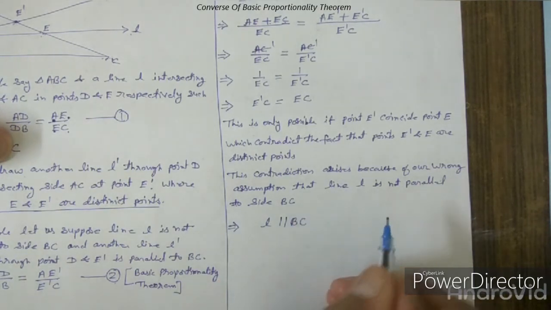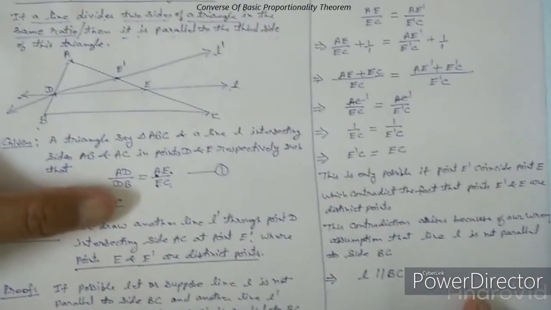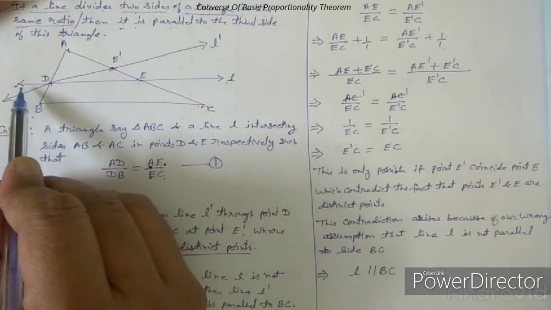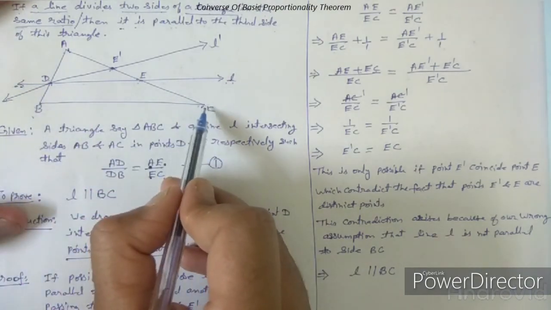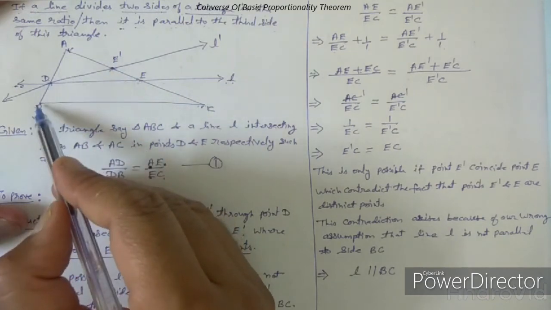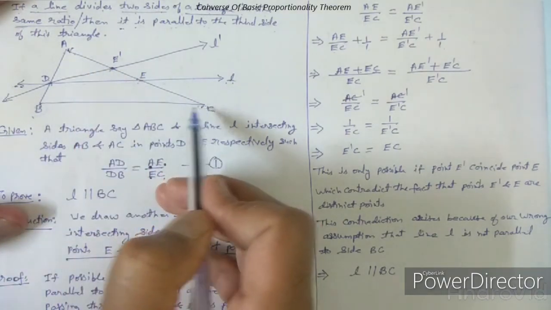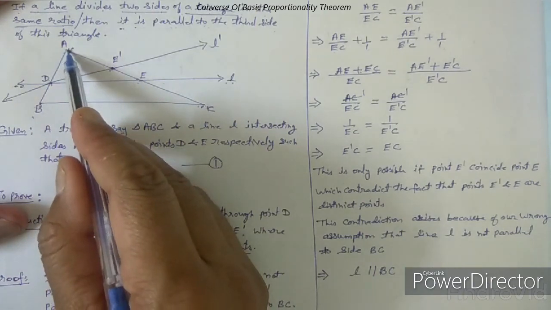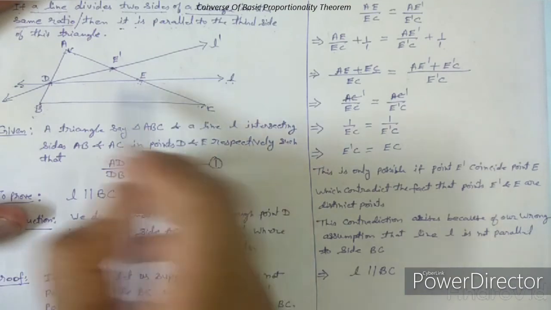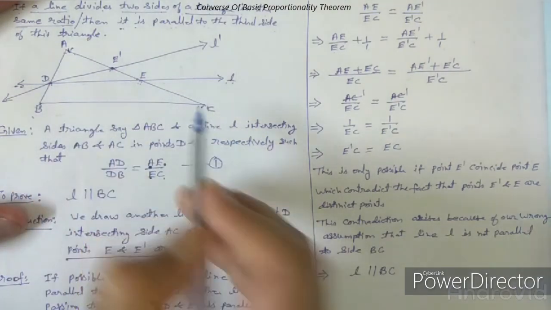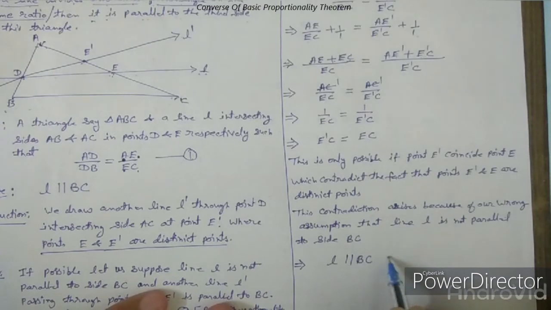Therefore, finally we got the conclusion that line L must be parallel to BC if it divides sides AB and AC in the same ratio, that is, if AD upon DB is equal to AE upon EC, then L must be parallel to BC. Hence proved. Thanks.